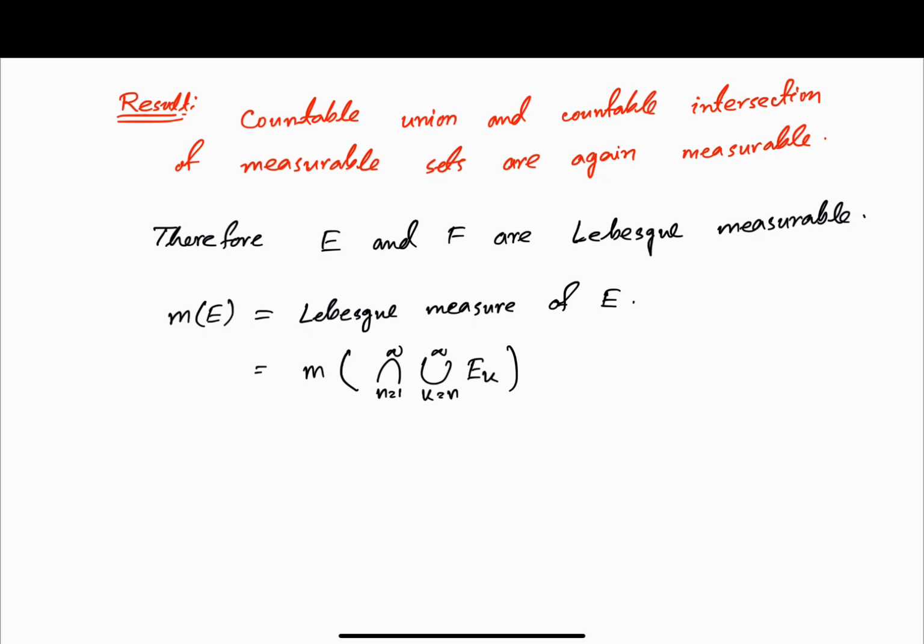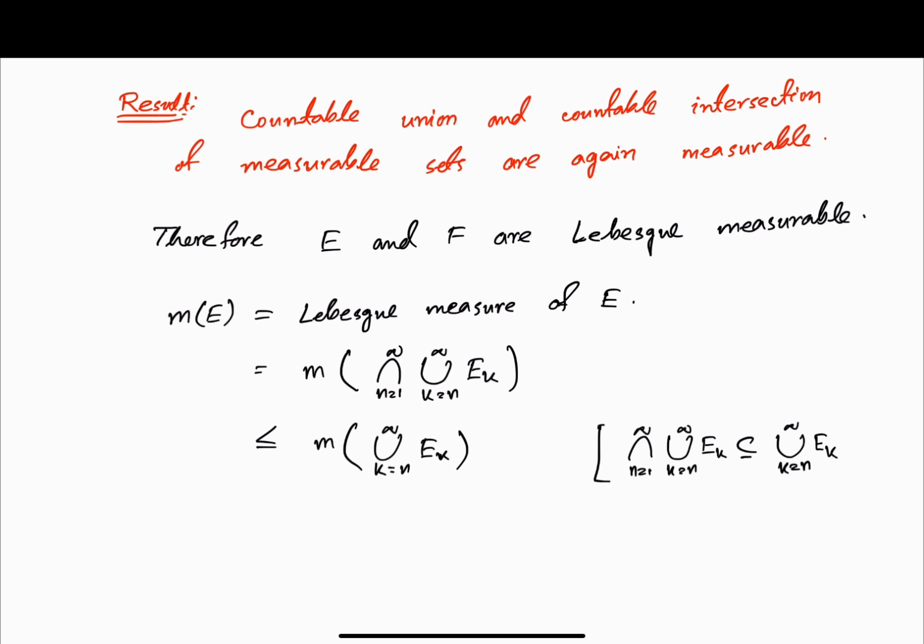Now this is basically the intersection, so note that the intersection over n equals 1 to infinity of the union k equals n to infinity of Ek is a subset of the union k equals n to infinity of Ek, because on the left hand side we have taken the intersection for n equals 1 to infinity, so when we take the intersection the sets become smaller.